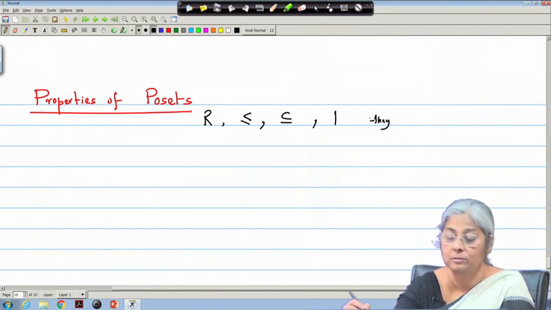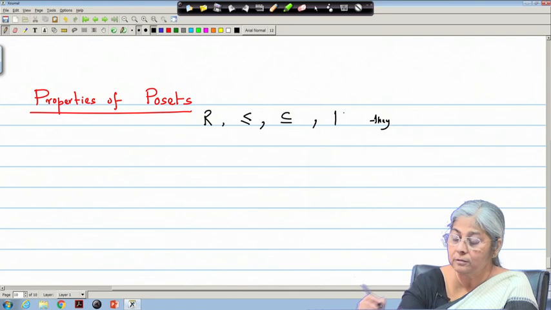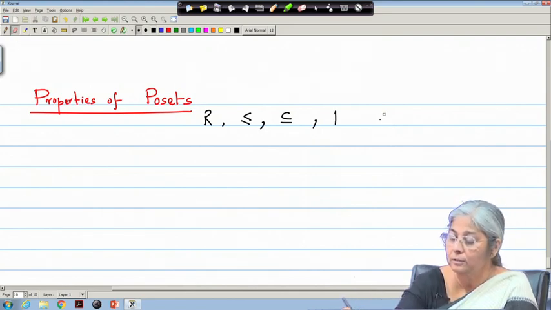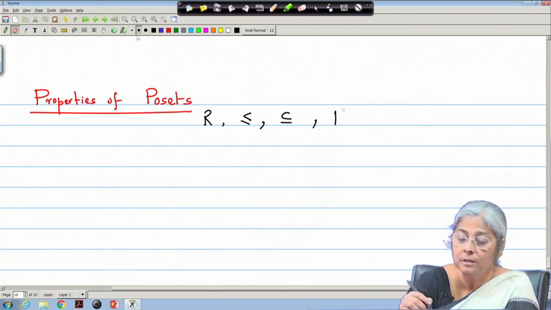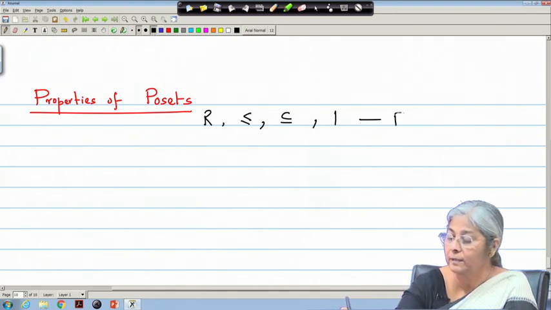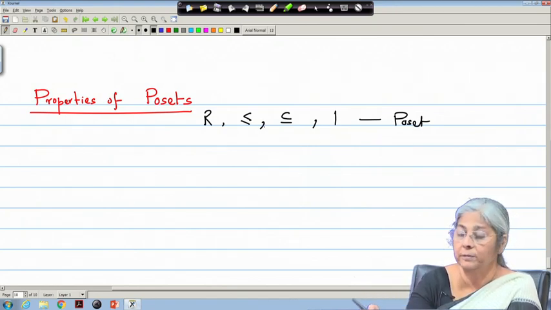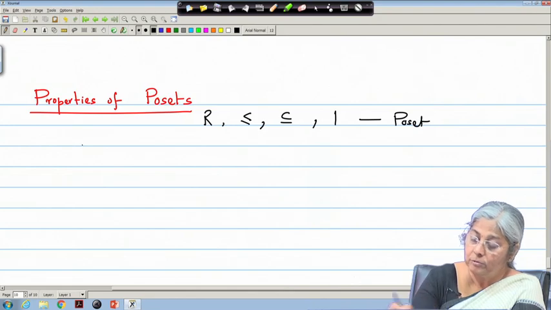R is a poset. Okay. So, I can write that this is a poset. Now, these are different operations.